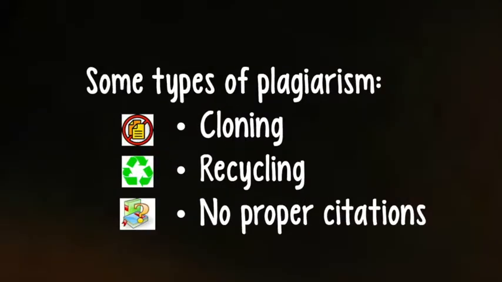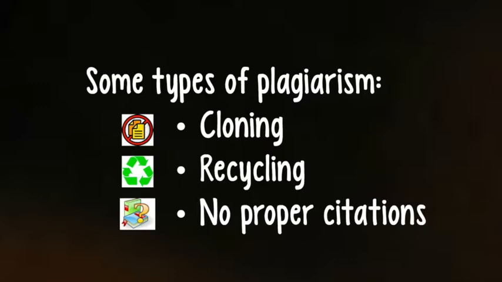Now we're going to review some types of plagiarism. Even though there are many variations, we'll talk about the most common ones. The first one is cloning, which is the act of presenting somebody else's work as one's own. The next one is recycling, and it is considered self-plagiarism. How can this happen? Well, it is the act of presenting one's own previous work and submit it for another class.